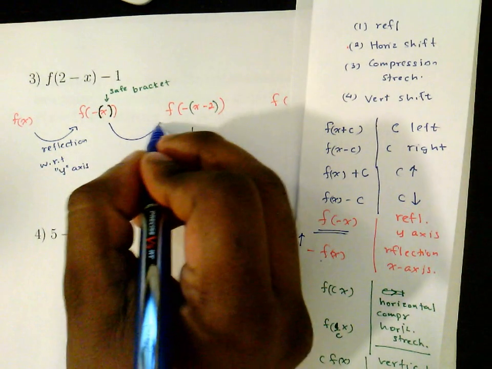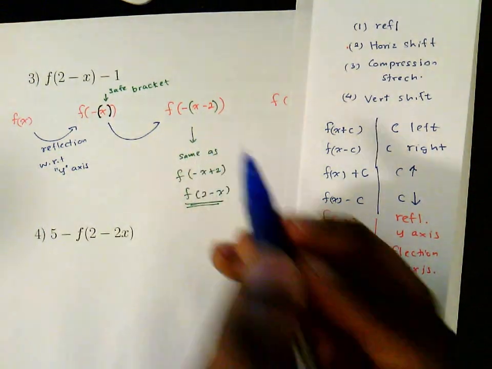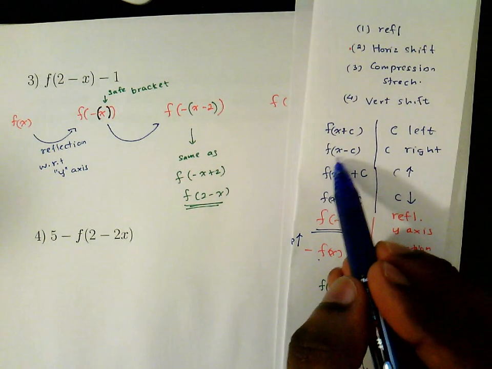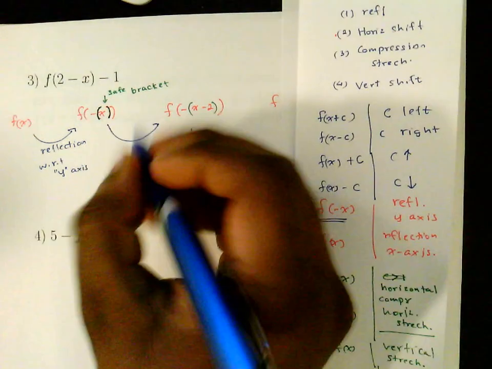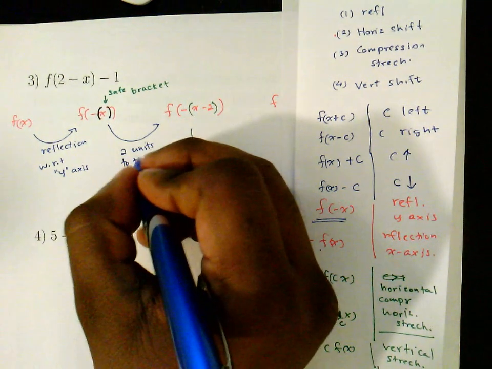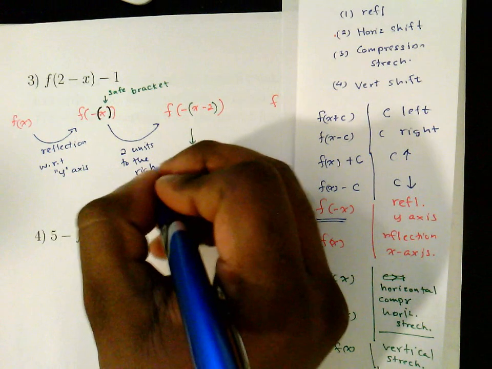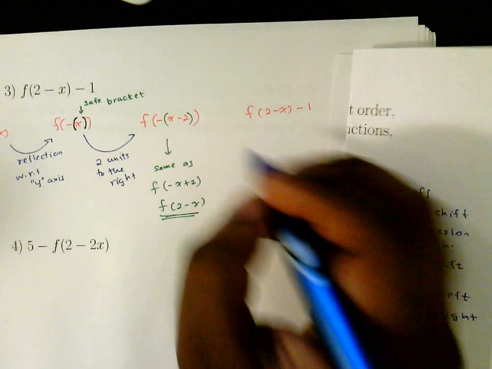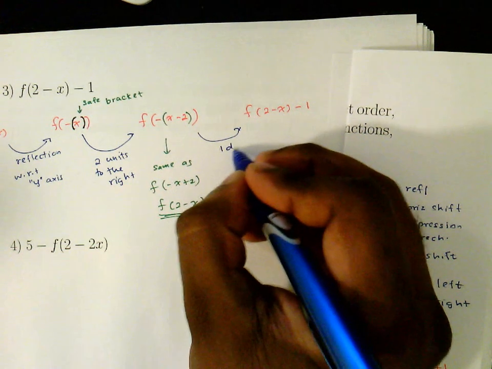And this, now it's x minus 2. Now you know what it is. It's x minus, so it's 2 units to the right. And then that's one down.